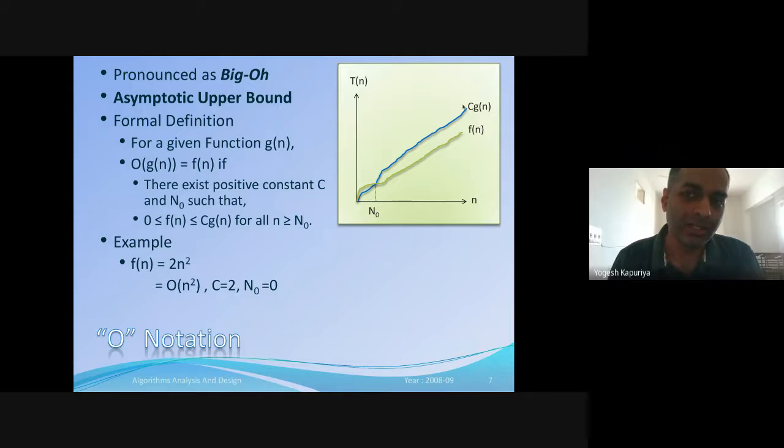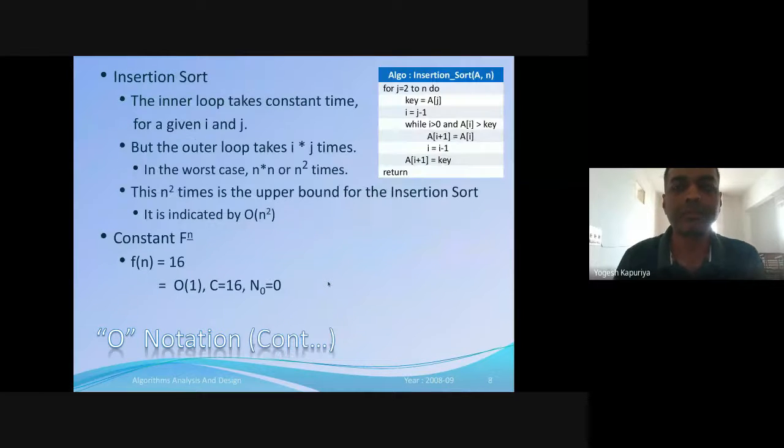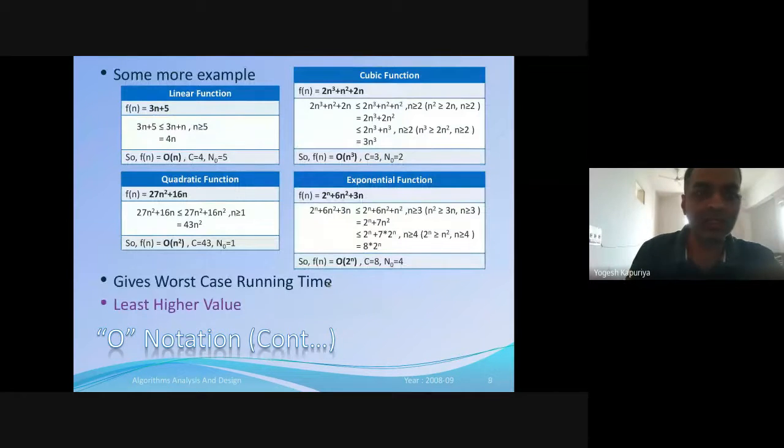When you find this, then you can say that the big O notation for a given function is big O of n square, for the value of C equal to 2 and n0 equal to 0 in this case. We have also discussed various examples of how to find the big O notation for any given function equation.